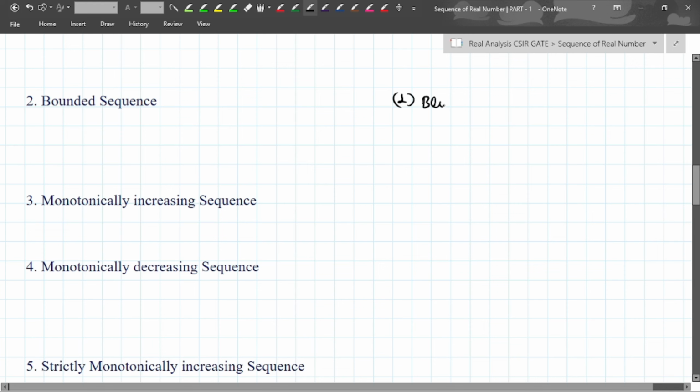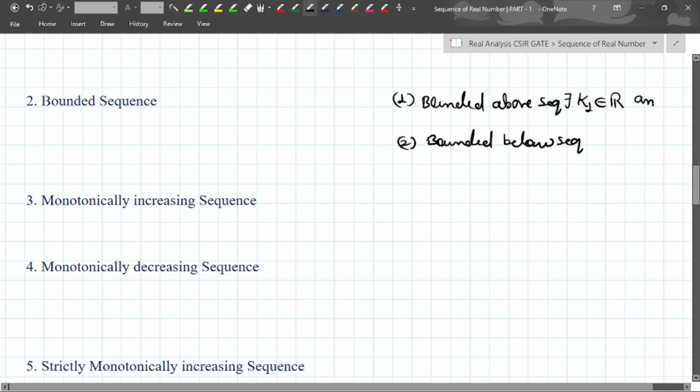First, the bounded above sequence: there exists a k1 belonging to the real numbers such that each and every element will be less than or equal to that k1.